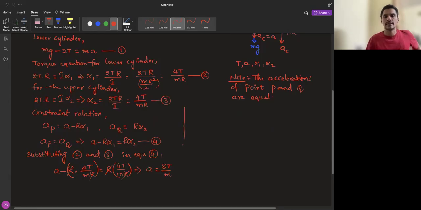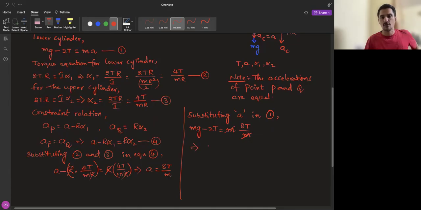So I'm going to substitute this A value in equation 1. Substituting the value of A in equation 1, mg minus 2T is equal to m into acceleration, which is 8T by m. Here m and m get cancelled. Therefore, send this minus 2T to that side. mg is equal to 10T, because 8T plus 2T is 10T, right?